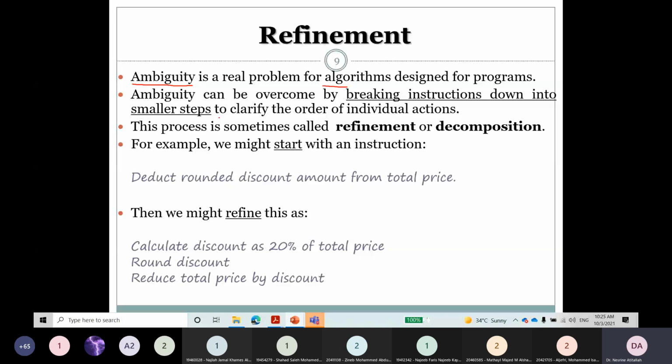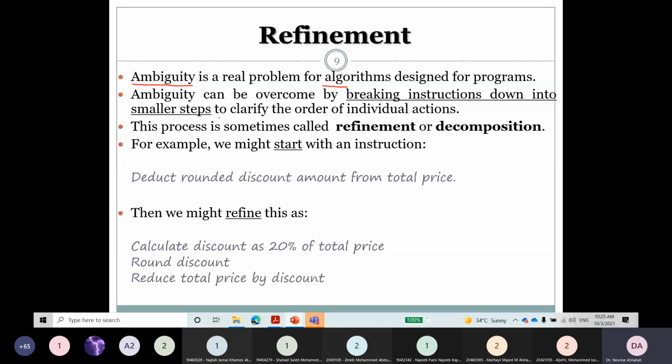For example, we may start with an instruction like deduct rounded discount amount from the total price. If you need to refine this instruction, we will calculate the discount, we will round this discount, and we will reduce the total price by the discount.